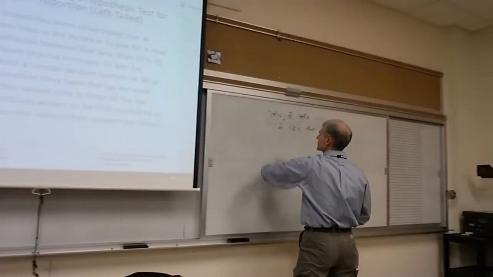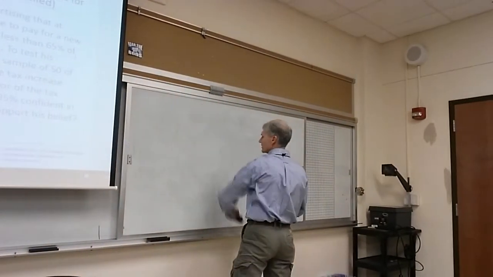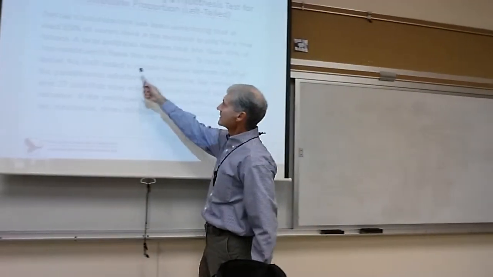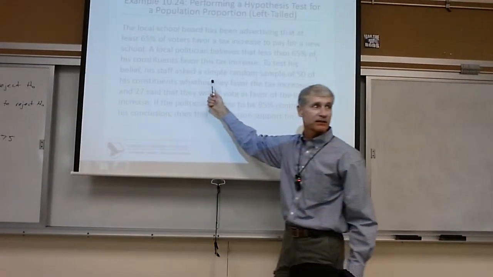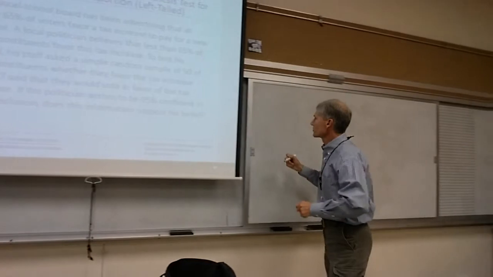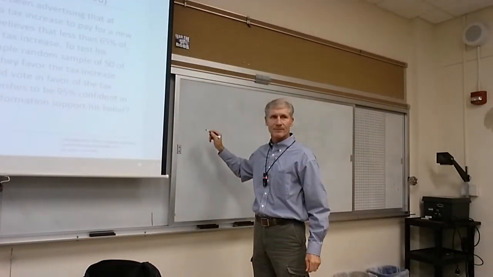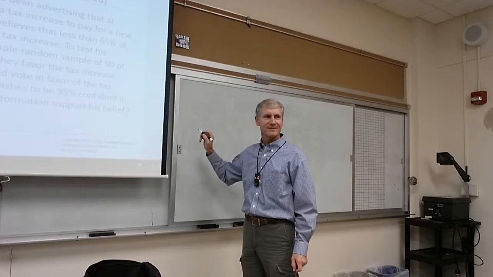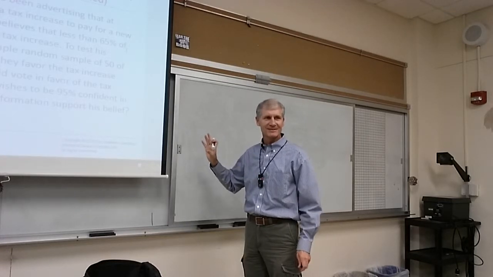State the null and the alternative hypothesis. So it's the politician's belief that we want to test. And the politician's belief is what? What's less than? I want you to get the symbol right.